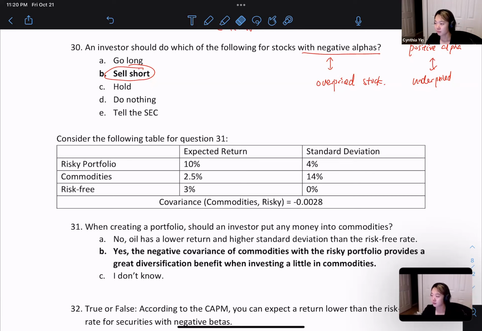In comparison, when you think about negative alpha, think of some example such as GameStop. Suppose you enter GameStop during the peak period, right before it started to crash. You actually earn very low return, very negative return.